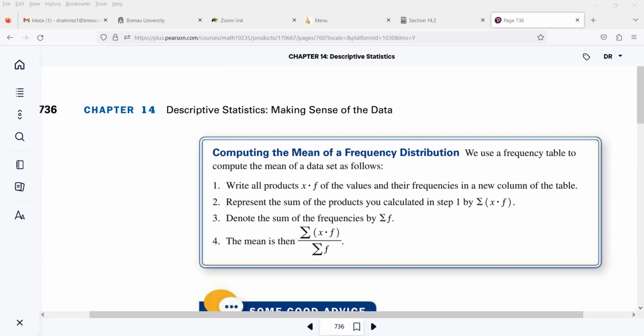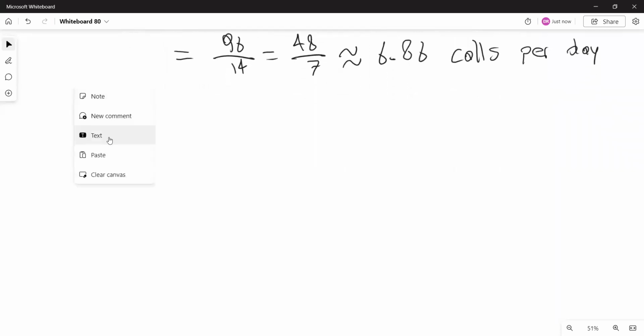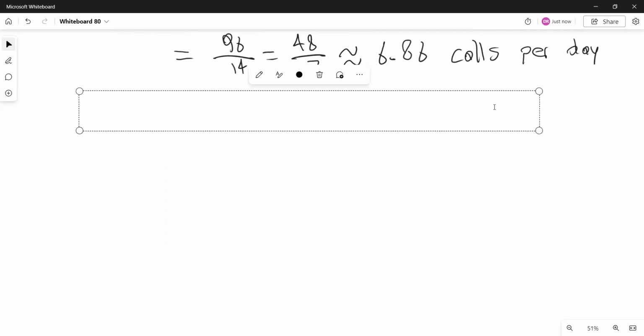Now, there's only one problem with the mean, that it can be misleading. So here's an example of a misleading mean.